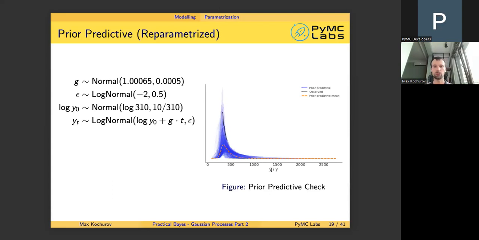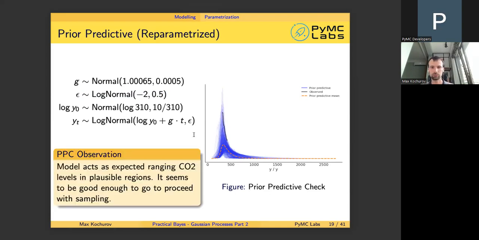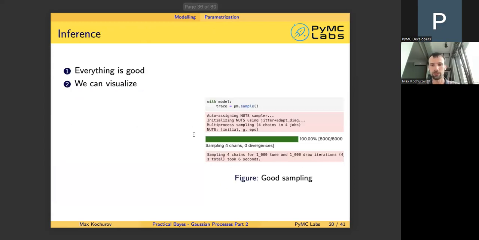Under the log-log model, our prior predictive slightly changes, but overall gives us the same picture. The difference is mostly due to this different epsilon error term. Well, and now we can indeed expect that our data and model can be sampled nicely in HMC.